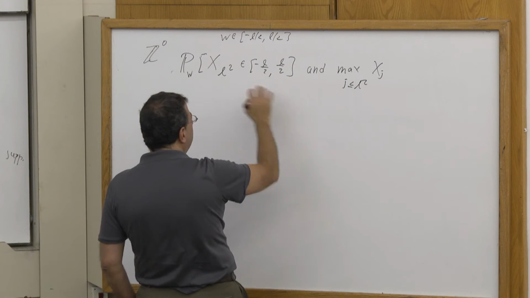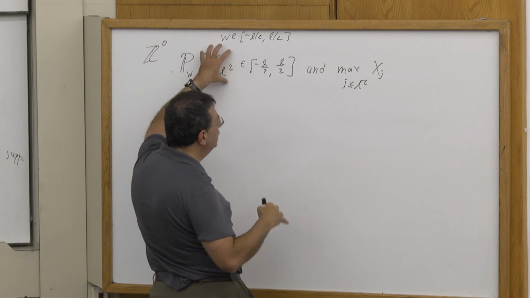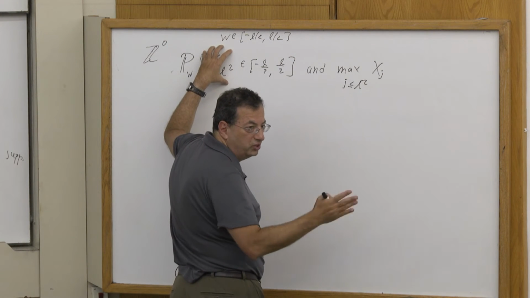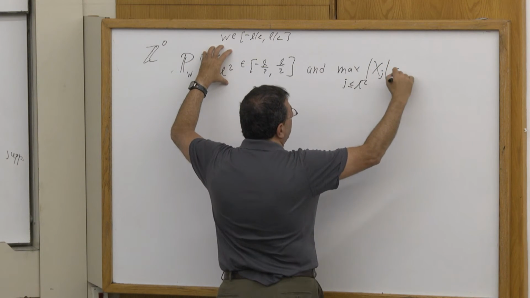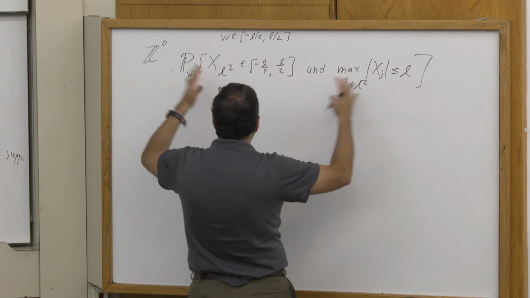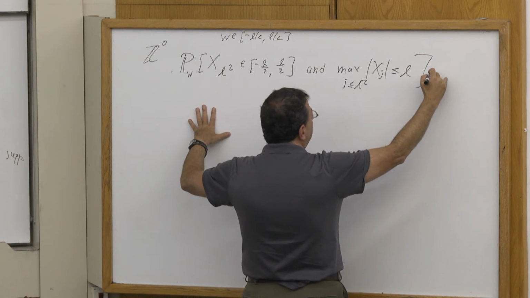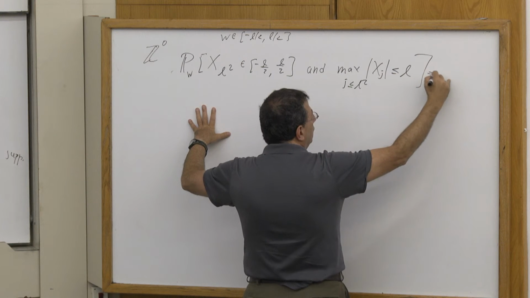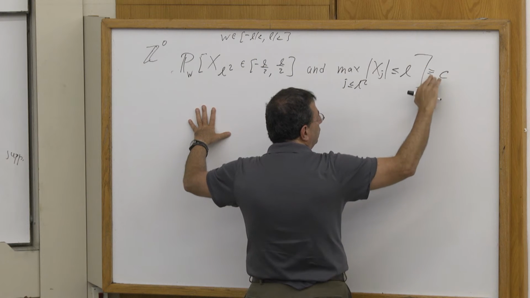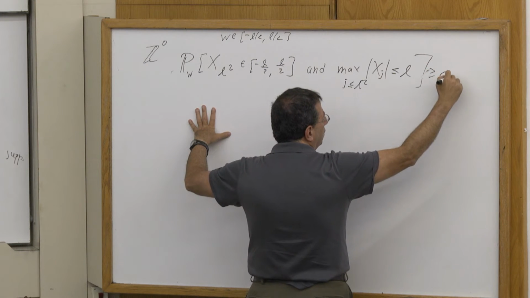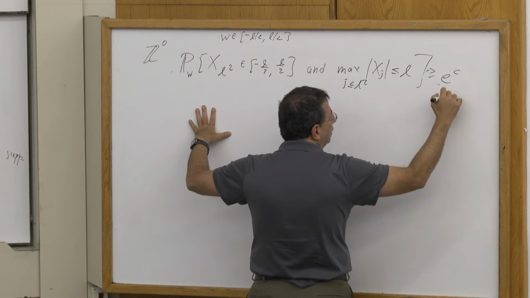By x, I'm just recording now the marker. So I'm interested in the lamplighter group, but now I'm just looking at the movement of the marker, which is just a random walk on Z. And I want this max to be also less than L. These probabilities are constants. That's just basic facts about random walk on Z. So this is greater than some positive constant, which I'll write as e to the minus c.